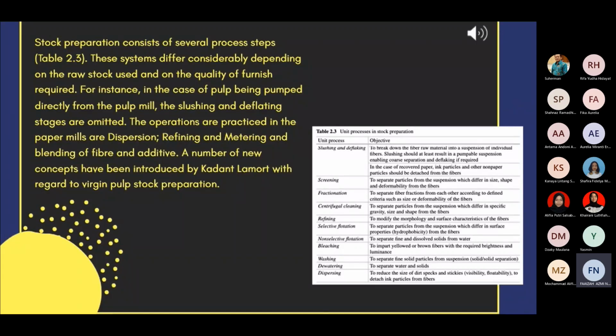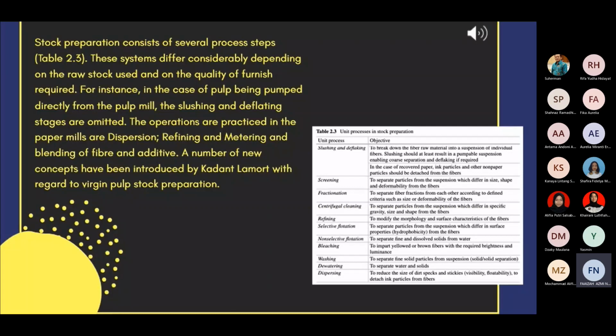Table 2.3 shows the unit processes in stock preparation. These systems differ considerably depending on the raw stocks used and on the quality of furnish required.